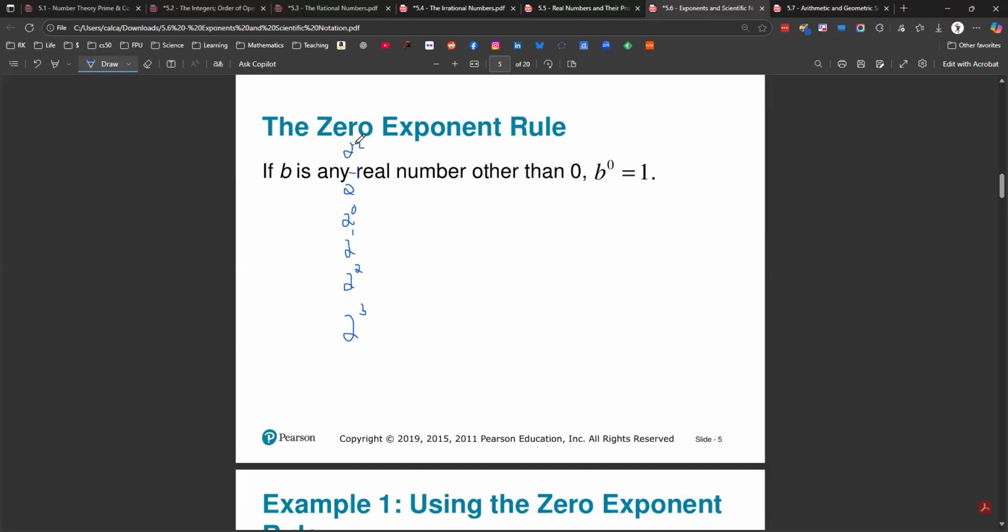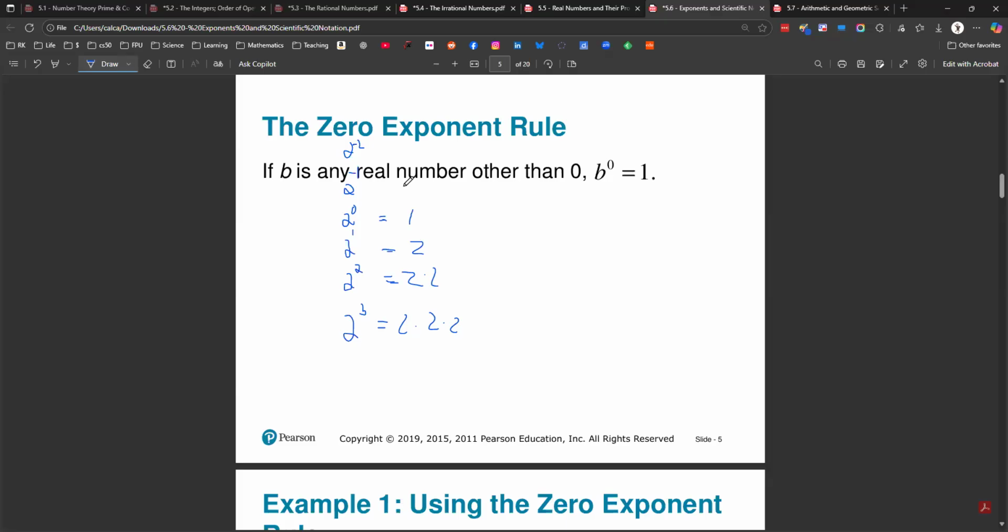If we look at the pattern that's happening here, this is like 2 times 2 times 2. This is like 2 times 2. This is like 2. This is 3 2s, 2 2s, 1 2. It can't be 0 2s, so there's a 1 there.